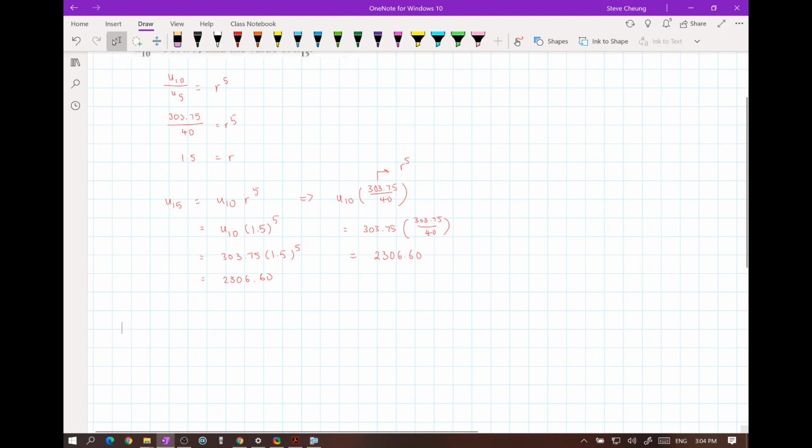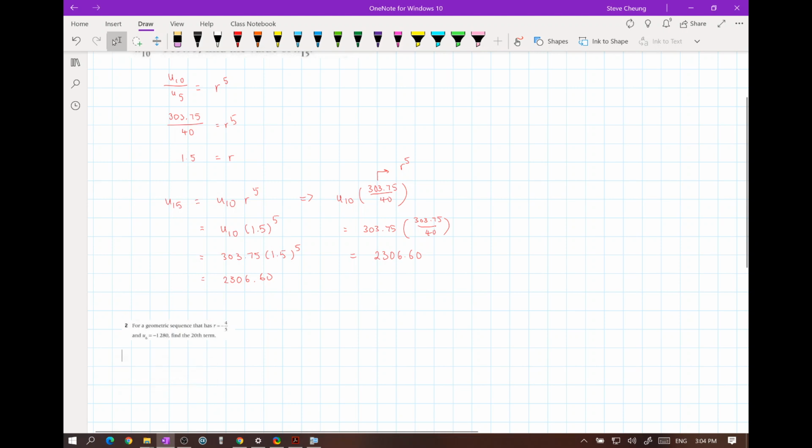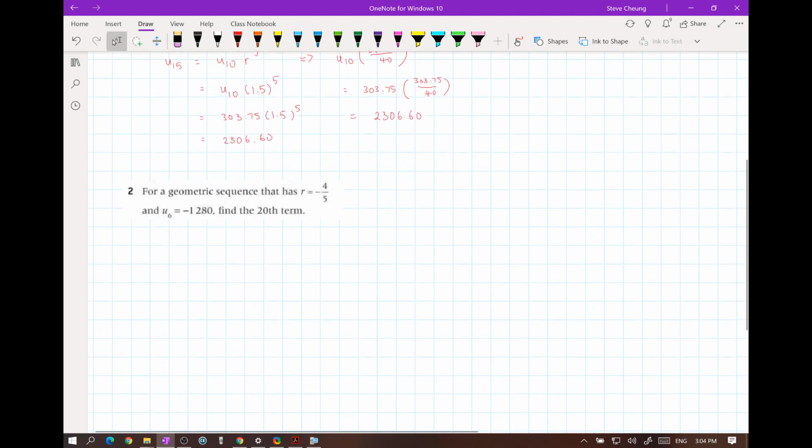All right, so second question. Very similar to the first, but this time we already know what the common ratio is. So we can use that fact to generate what the 20th term is.